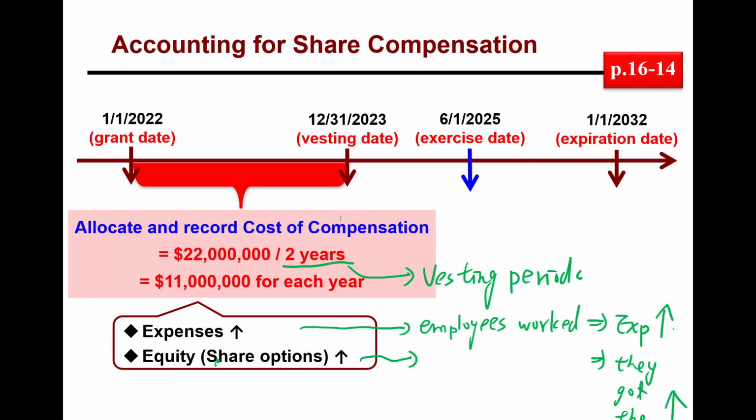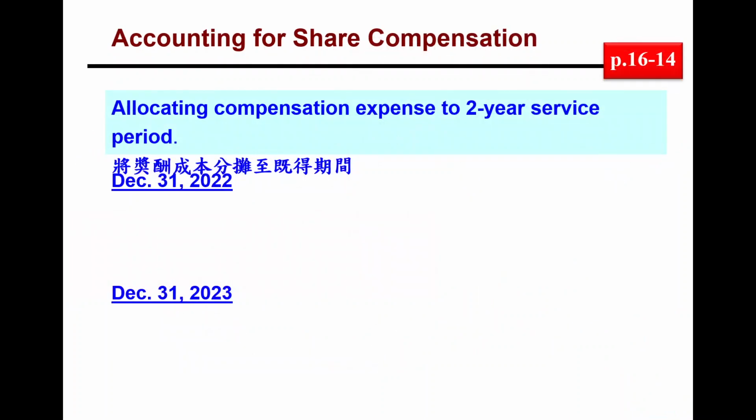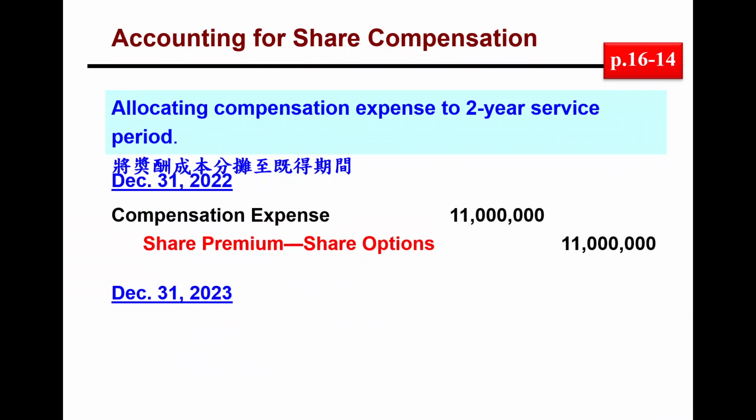Okay? Any questions? So for the expenses about compensation, we use compensation expense. Compensation expense, $11 million for 1 year.